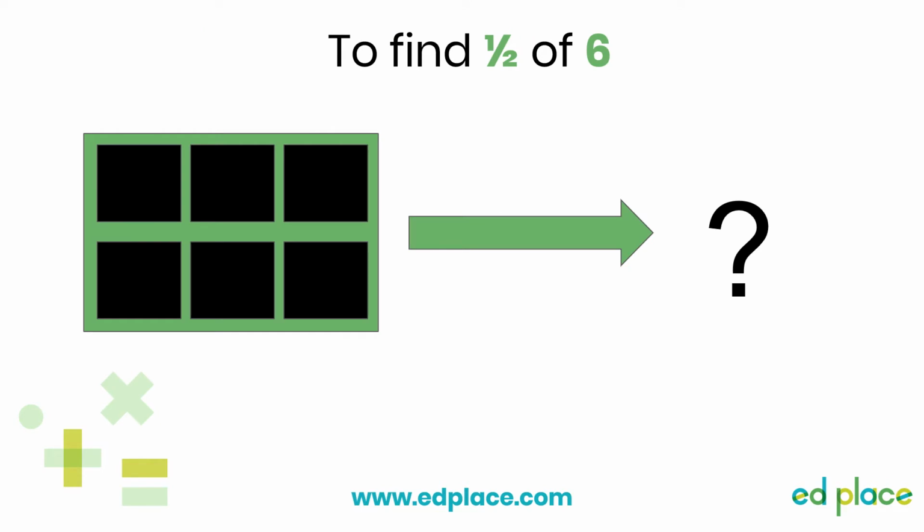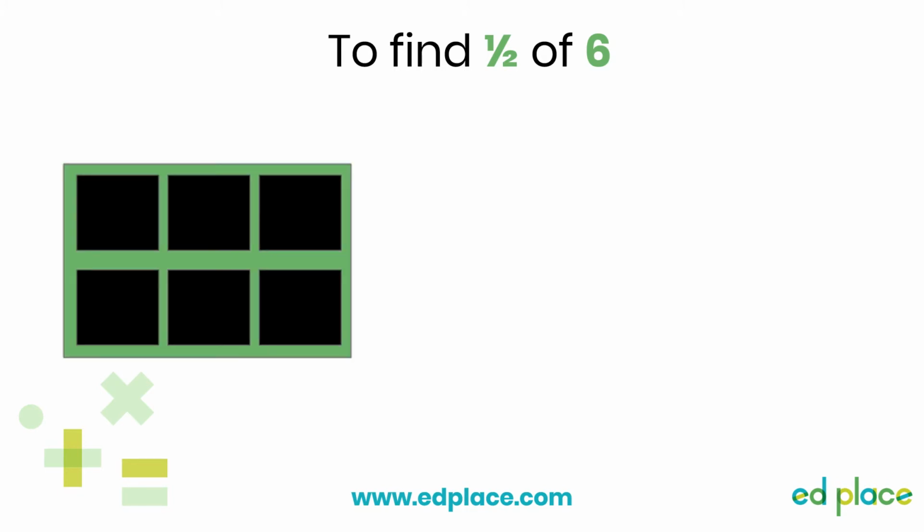When we need to find a fraction of a number, we can do this by dividing or sharing an amount out equally as follows. Here we're asked to find half of 6. Can you work out how many groups there will be? If you said 2, that's correct. The denominator in 1/2 is 2, so we divide by 2 or into 2 groups.